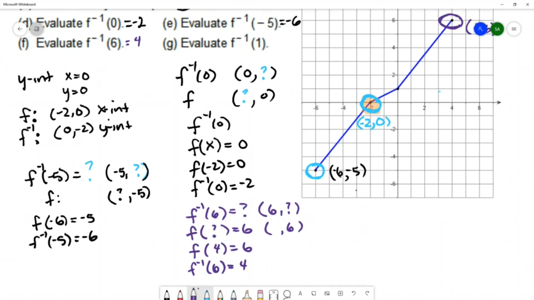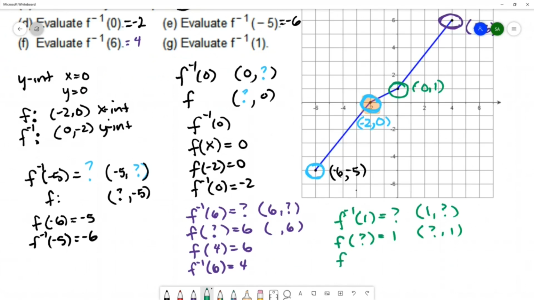Okay, so let's do the last one. We'll do it in green. So we have f inverse of 1 equals something we don't know. That would give an ordered pair 1, question mark. F of that question mark should equal 1. So that 1 becomes the y-coordinate. So having a y-coordinate of 1 will be right here, and that ordered pair is 0, 1.